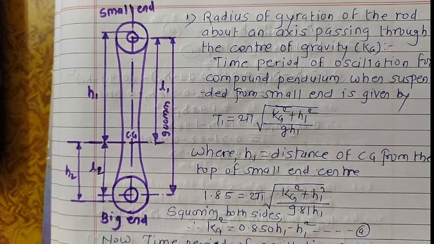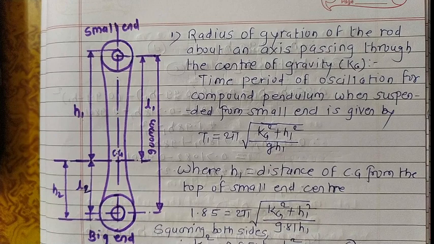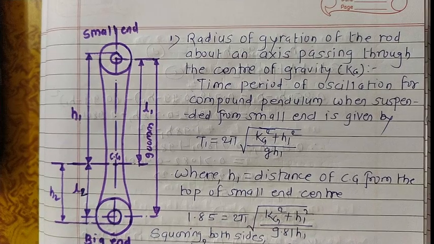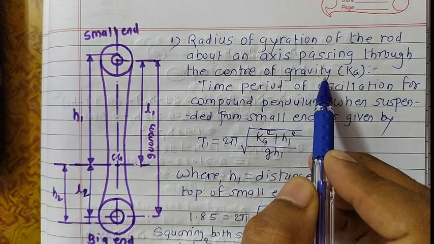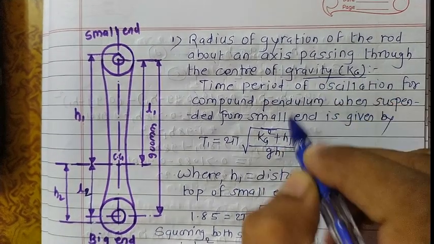As per our earlier discussion, our first point is the radius of gyration of the rod about an axis passing through the center of gravity point, so we have to do calculations for this kg first of all.